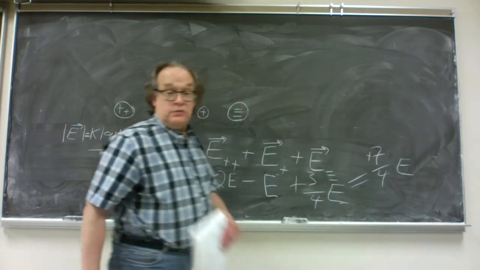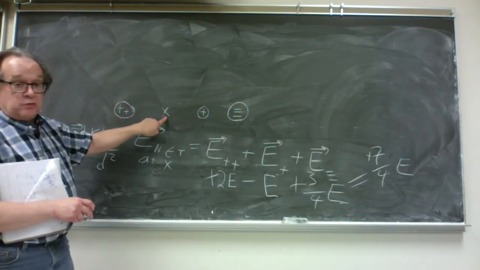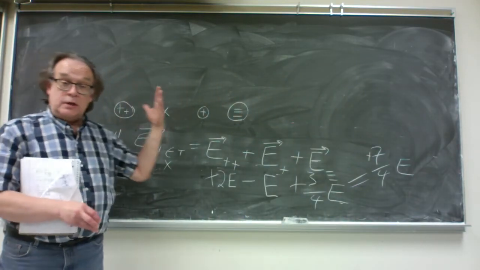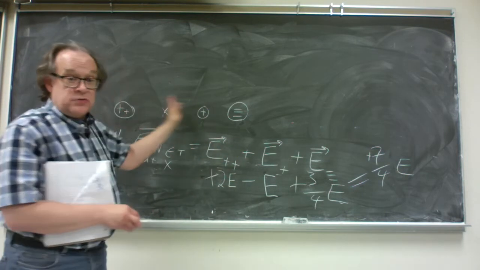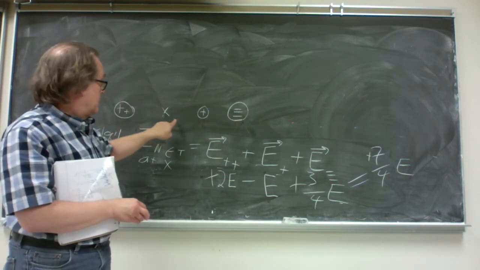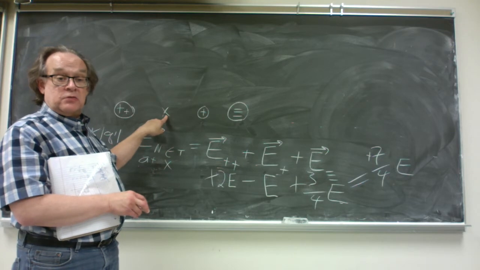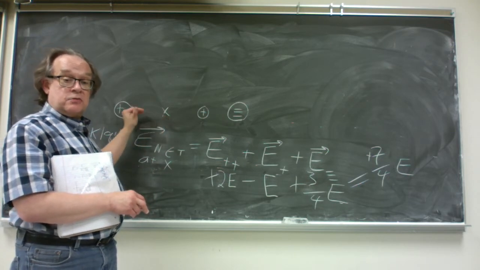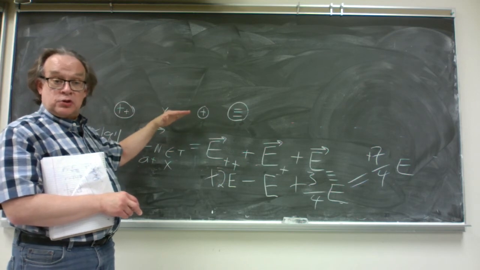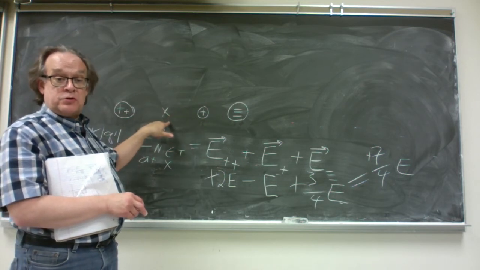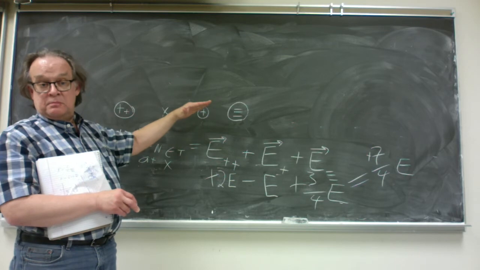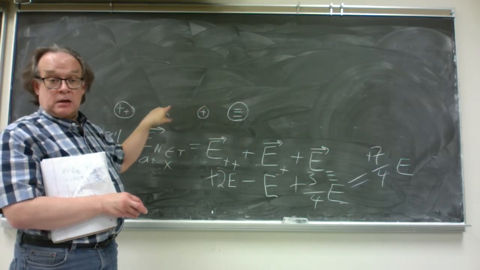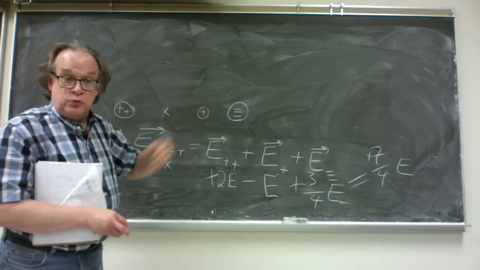And that's a positive number indicating that the net field here is a field in the positive direction. Because of all these charges, if you put a positive charge here, because the net field points to the right, the force would be pushing and pulling a positive charge here to the right.